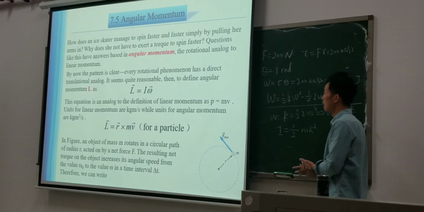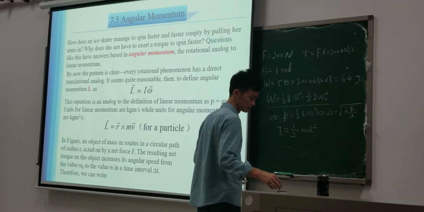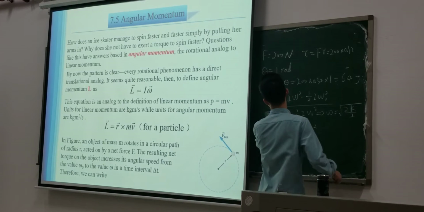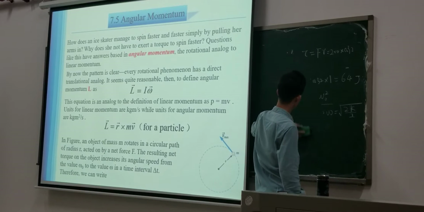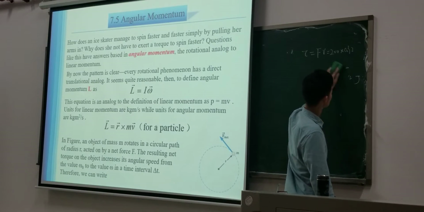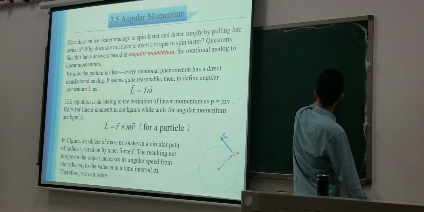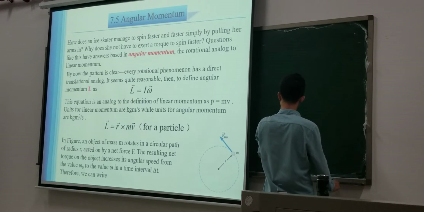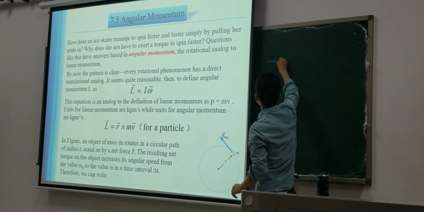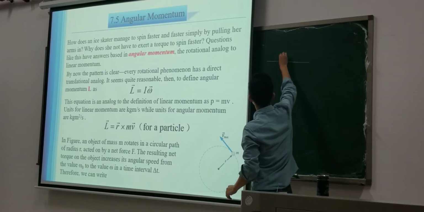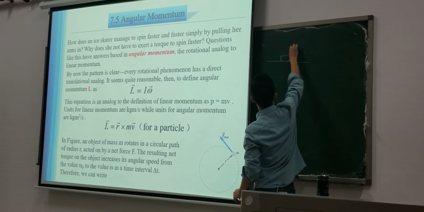Now we look at the angular momentum. When the body is in linear motion, the mass is m and the velocity is v.